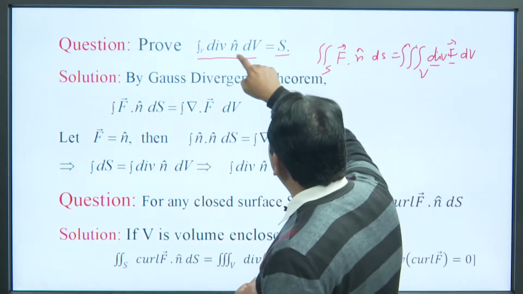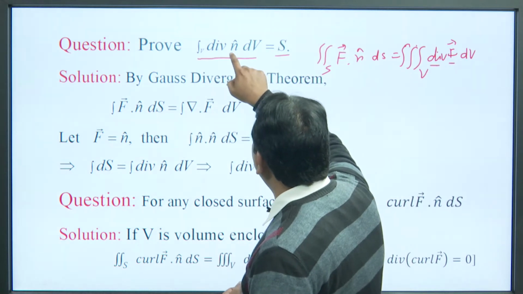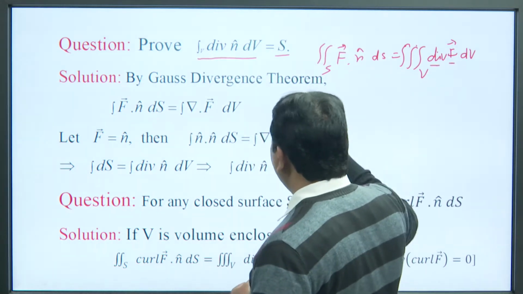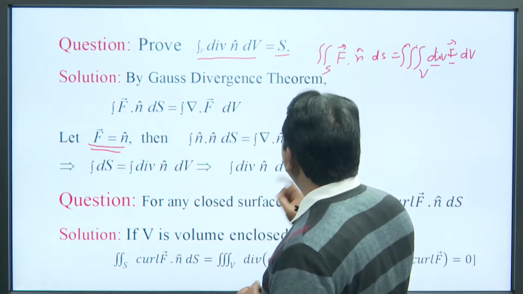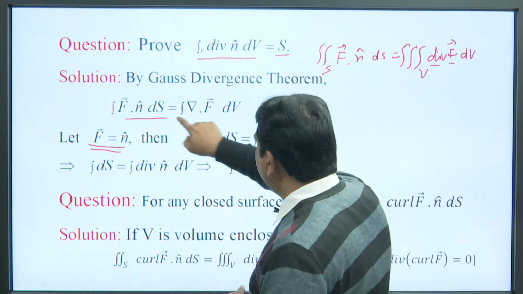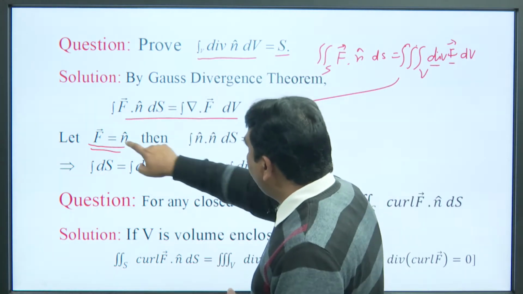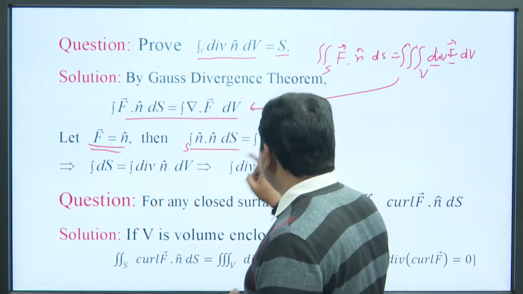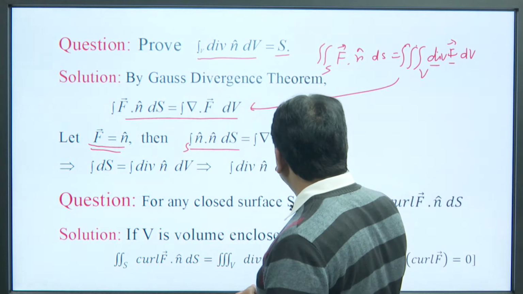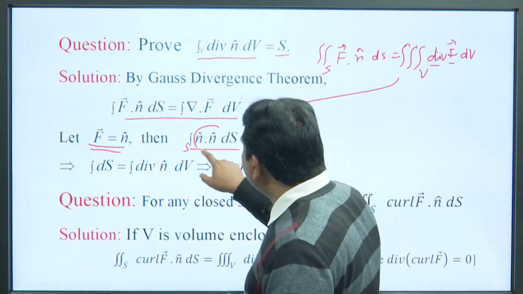Instead of f, we want to find the volume integral of divergence of n. So, if we take f is equal to n, then in this divergence theorem, integral n dot n dS over S is equal to divergence of n dV over V. So, the value of n dot n becomes 1.